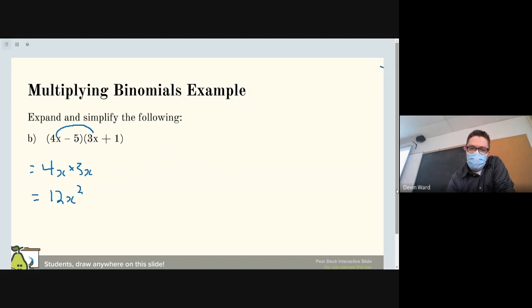Our outers are 4x times 1, which would be 4x. You remember, bring that negative with it, so it's negative 5 times 3x.